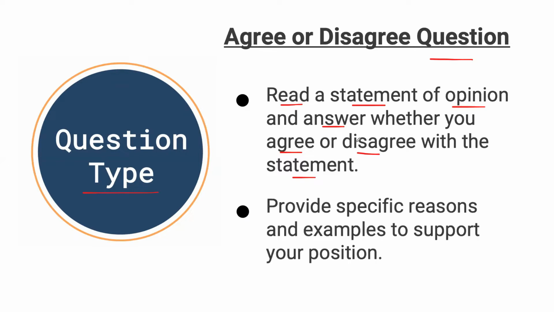You'll need to provide specific reasons and examples to support your position, and if you find that it's easier to find reasons for disagreeing with the statement of opinion, you should definitely go that route, even if you find yourself agreeing on a personal level. Remember, you just want to pick the option that makes it easiest for you to find reasons and examples and write them in your 30-minute time frame.